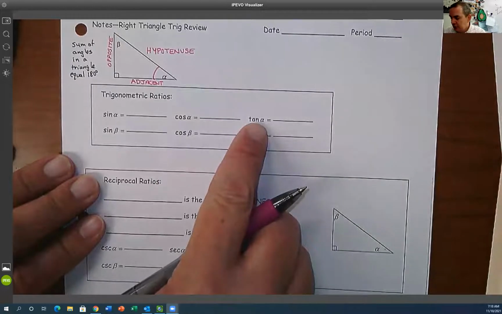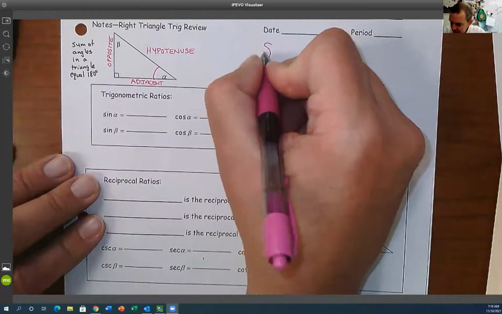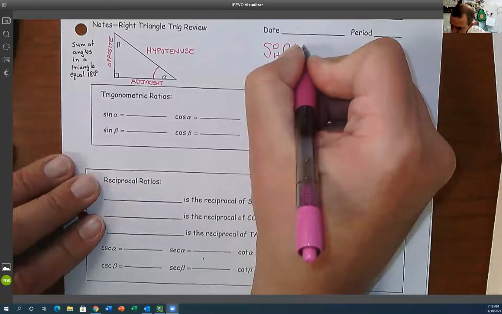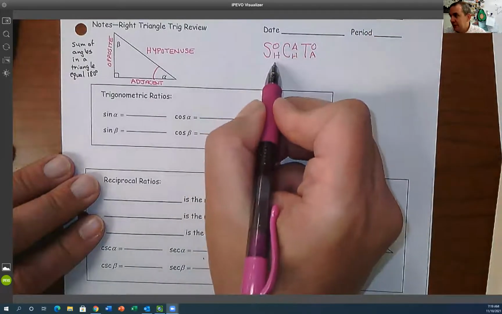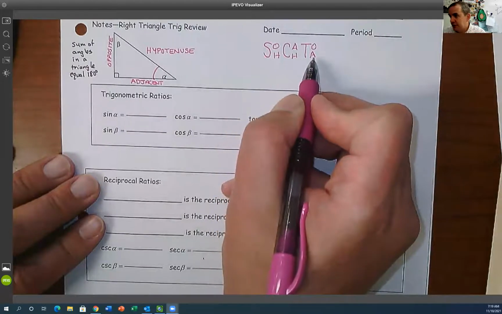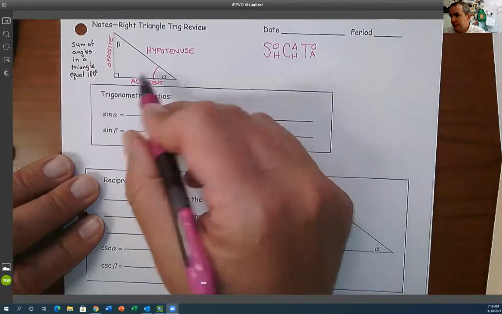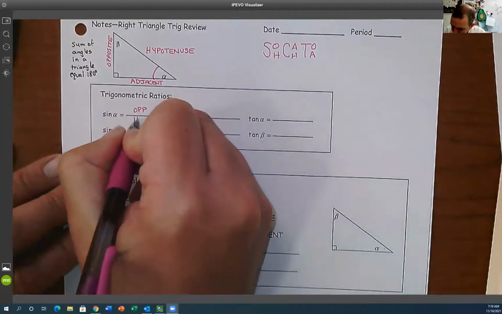And the way to remember what they are is, I think your teachers in the past may have told you about this way. SOHCAHTOA. It's just a way to remember the ratios. Sine is opposite over hypotenuse, cosine is adjacent over hypotenuse, tangent is opposite over adjacent. So in this case, sine of alpha is going to be this opposite side over the hypotenuse.